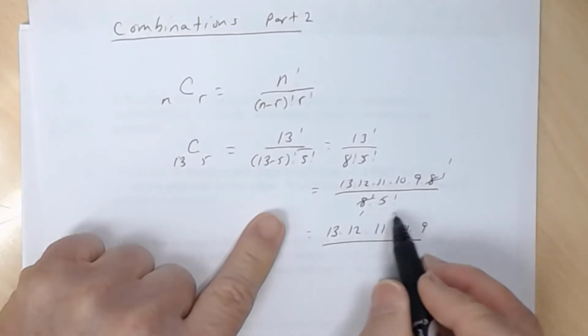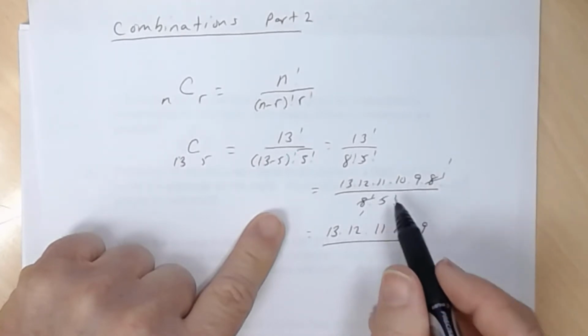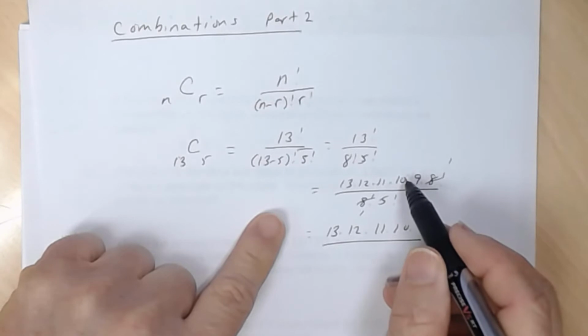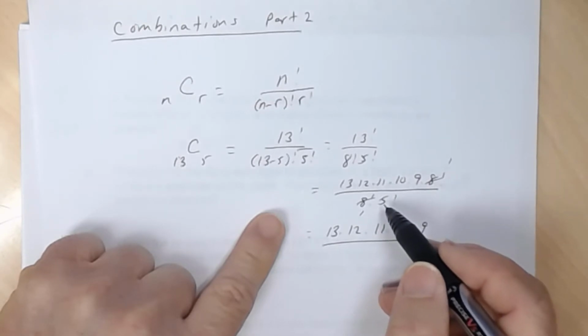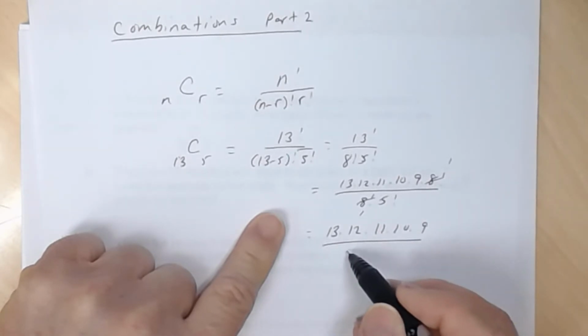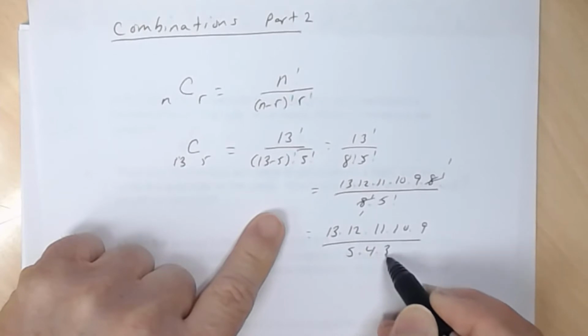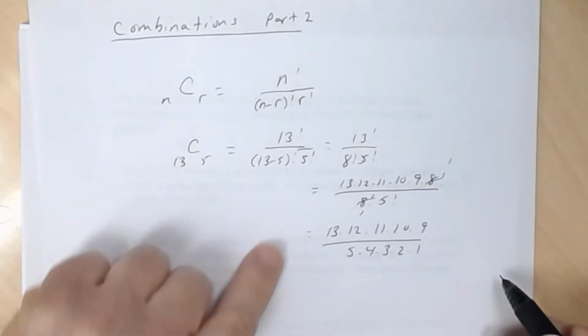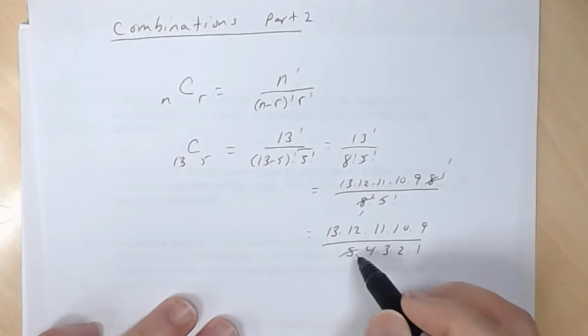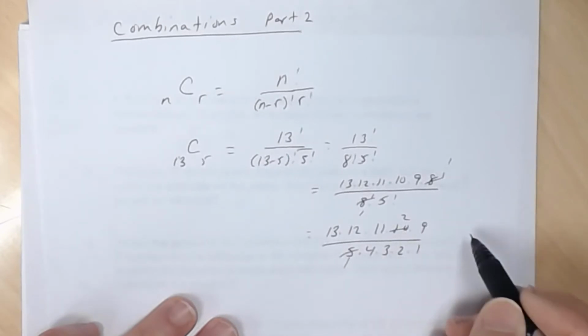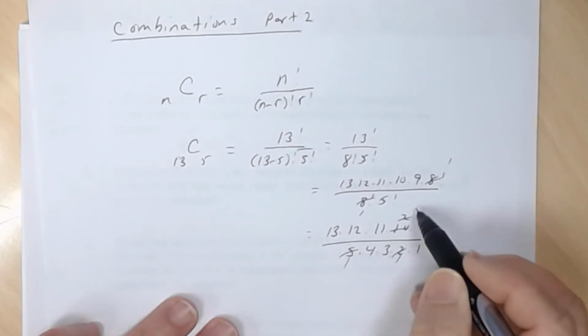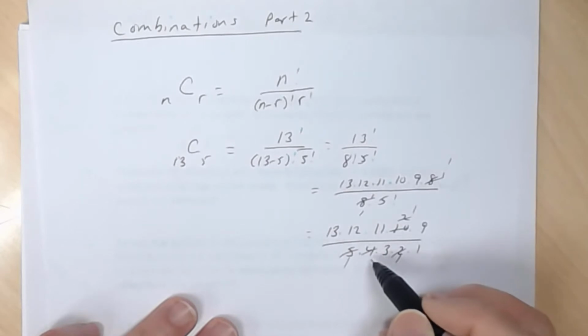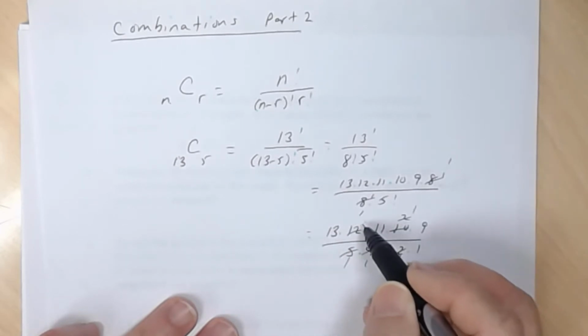Divided by, and don't make a mistake and say 5 into 10 is 2, because that's not 5, that's 5 factorial. So you have to say 5 times 4 times 3 times 2 times 1. Now reduce. 5 into 5 is 1. 5 into 10 is 2. Then these 2's divide out. 4 into 4 is 1. 4 into 12 is 3.